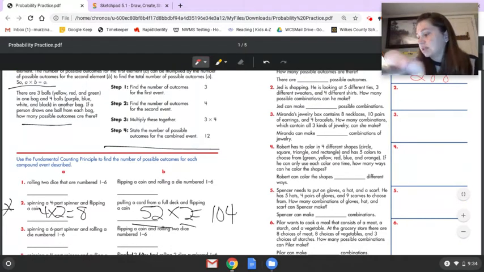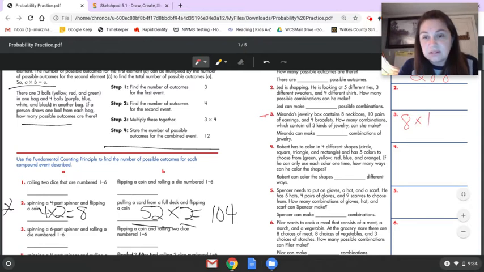Let's see. We'll take a look at number 3. Number 3 says Miranda's jewelry box contains 8 necklaces, 10 pairs of earrings, and 4 bracelets. How many combinations, which contain all kinds of jewelry, can she make? So if she were going to make a combination of all of those, we could list them all out, or we could just use that fundamental counting principle and say there are 8 possible necklace outcomes.